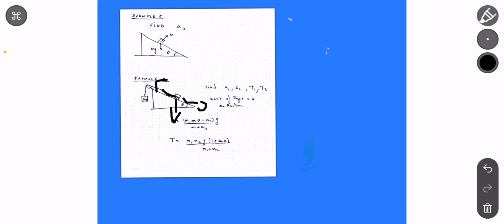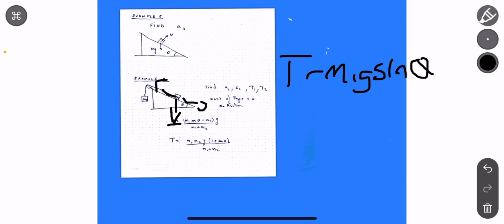So if we're considering this, we've got to understand that the tension minus m1g sine theta, because that's the angle we're on, is going to be equal to m1a. So that's going to be our equation for number 1.